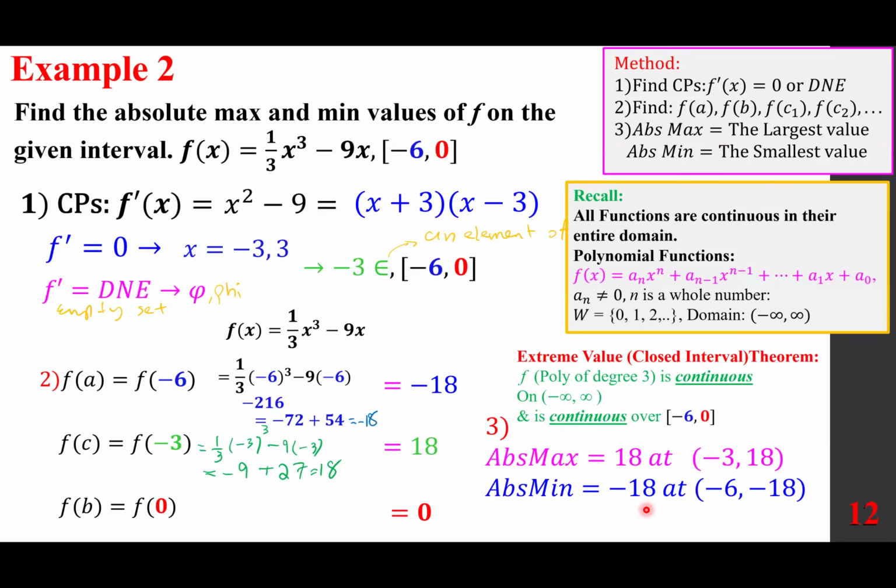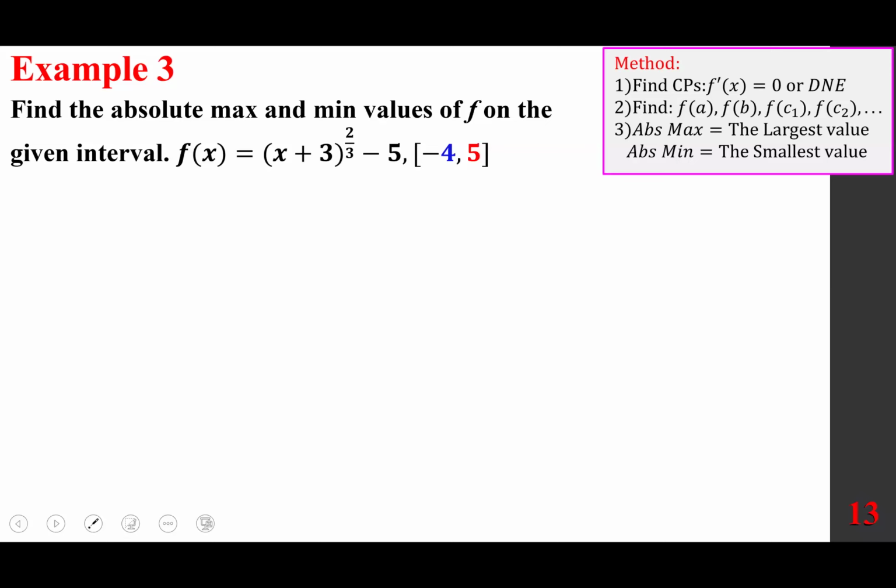We are going to repeat the type of question, that means finding the absolute max and min. For this function, f of x is (x plus 3) to the power of 2/3 minus 5 in the interval of -4 to 5. So we're going to discuss the type of function we have first and foremost.